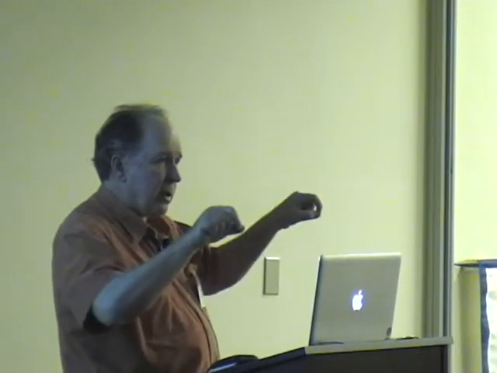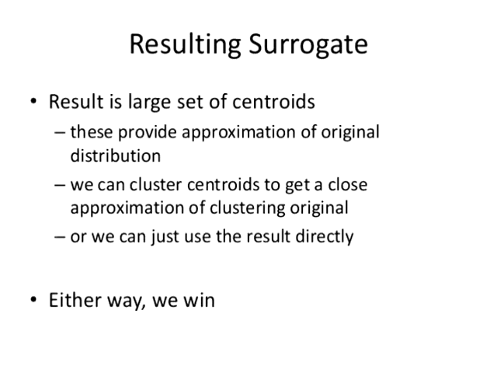And you may increase the threshold so that it becomes more and more likely that the centroids will have data stick to them. And so the rate at which you have to recursively cluster becomes less and less common as the threshold grows. And so the resulting surrogate is a large number of centroids.